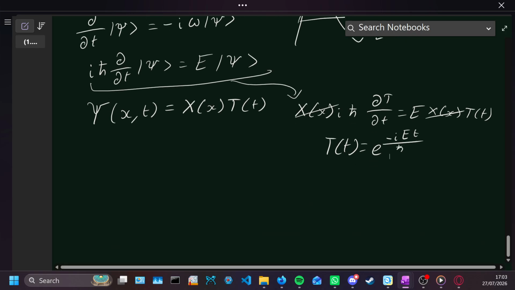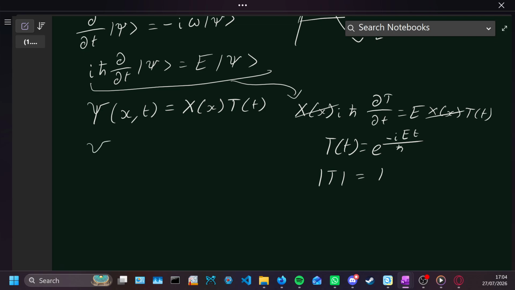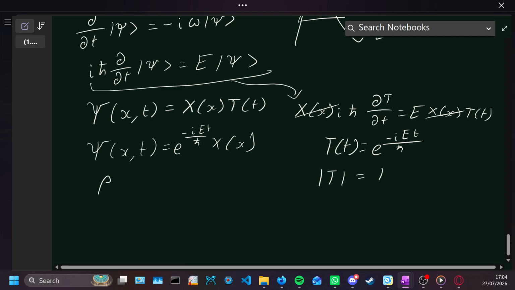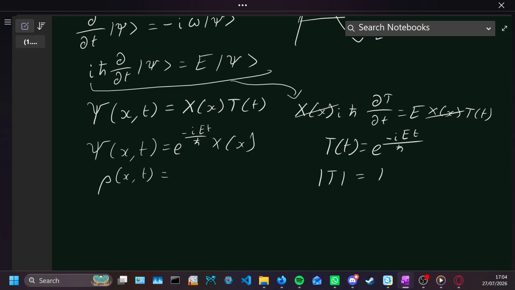And the nice thing about this is the modulus of T is always going to be 1, right? And so while psi of x, t is going to take this form and depend on time, if I consider my probability density function as the modulus of it squared, this is going to end up going away.